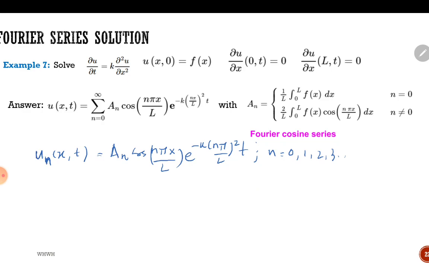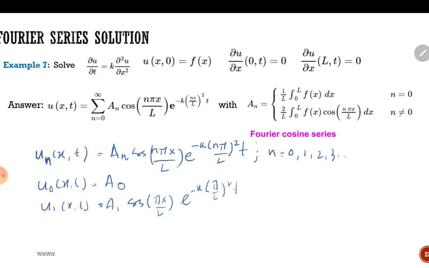This solution is only for one particular solution. If n equals 0, like just now, then we have the answer as only a naught. When n equals 1, our u is a1 cos pi x over L e to the power of minus k pi over L square t, and so on and so forth.